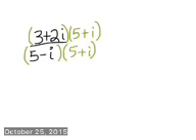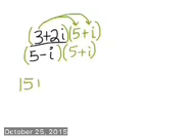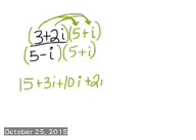And now what this just became is two FOIL problems that we have to work together on in order to simplify this. So if I start with the top, 3 times 5 is 15. 3 times i is 3i. 2i times 5 is 10i. And 2i times i is 2i squared.